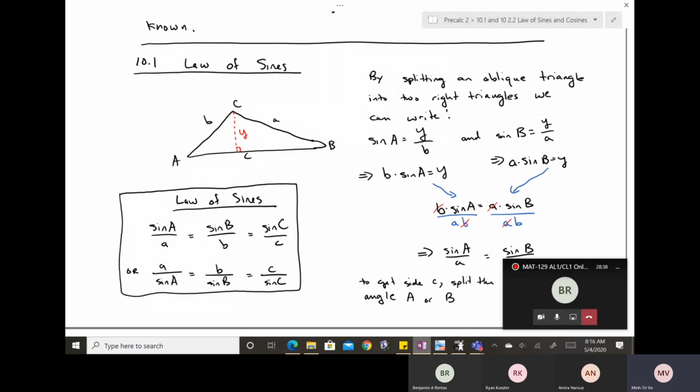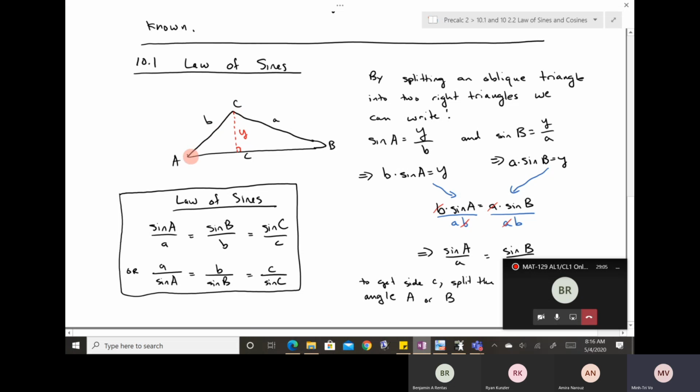The discussion here at the bottom of the page is just going over how to derive the law of sines. Here you have a triangle that's not a right triangle. But as I've mentioned previously, when we use the trig functions, we want to deal with right triangles.